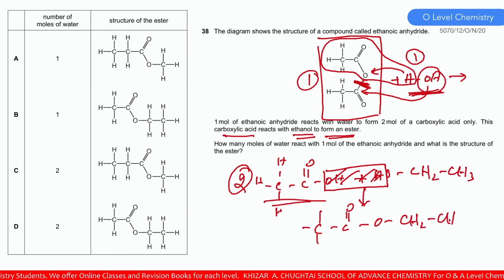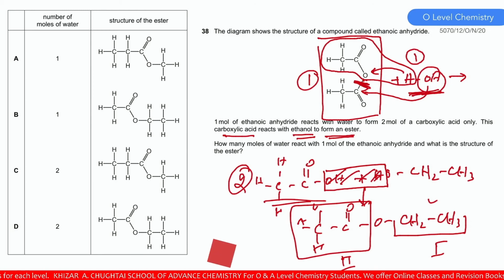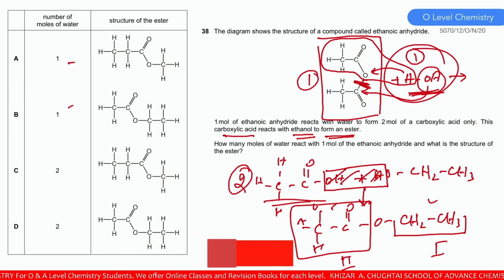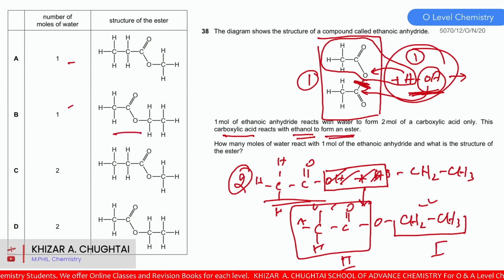Its name is written first, its name is written at the end. 2 carbons over here, so it is ethyl. Here are again 2 carbons, so ethanoate. So ethyl ethanoate is the ester that is going to form. Now come towards the options. Number of moles of water is equal to 1, and the ester is ethyl ethanoate, so B is the correct option.